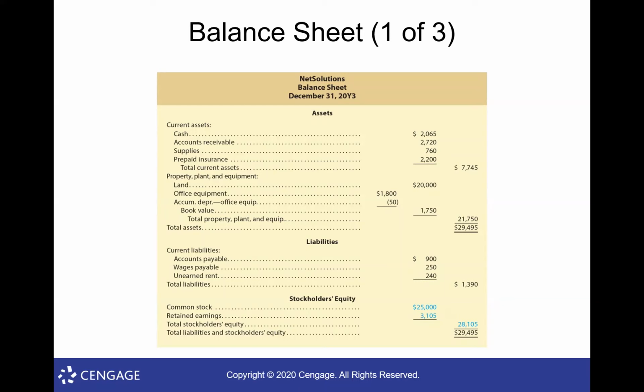Again, that's the money the owners paid into the business. Retained earnings, the money that the business has earned through net income and hasn't paid out in the form of dividends. So the total of our stockholders' equity and our total liabilities would be the bottom line on our balance sheet, $29,495, and it should match the total assets.